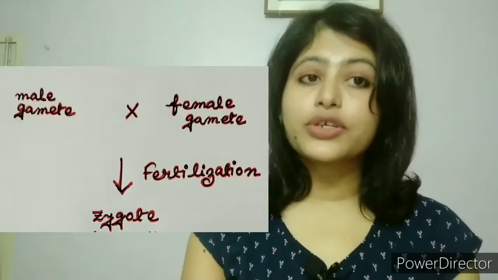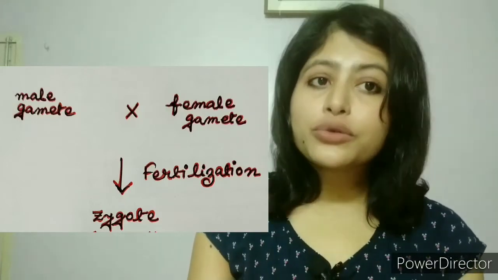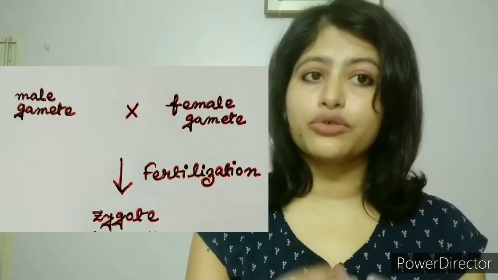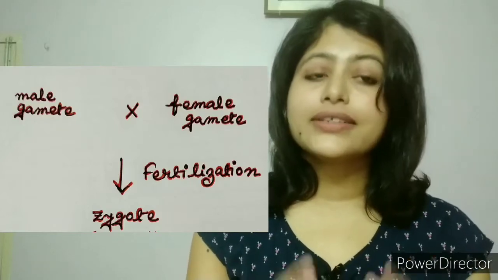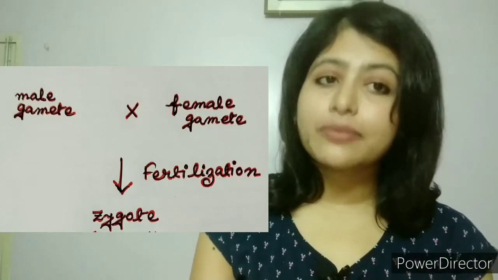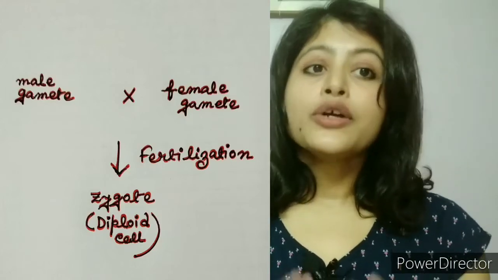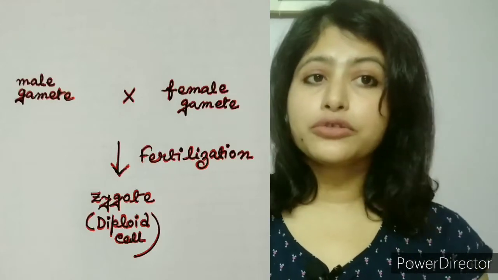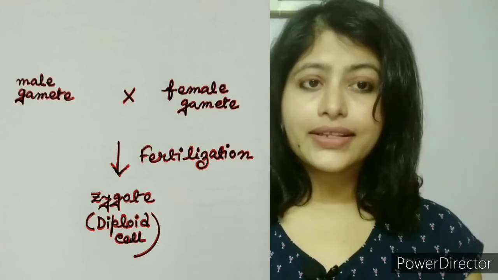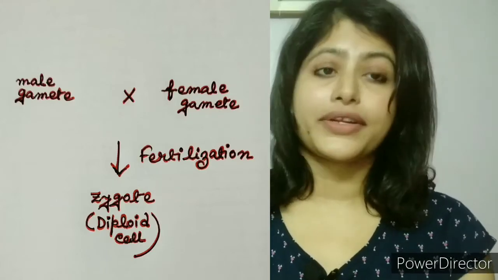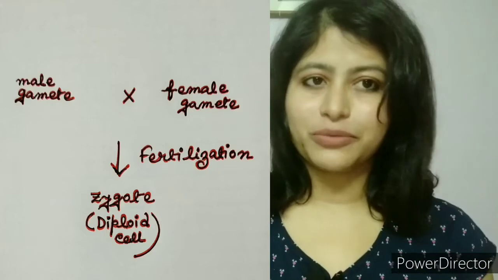What happens is, during fertilization, 2 gamete cells fuse to form the zygote cell, which is a diploid cell that contains a total of 46 chromosomes for the human body.